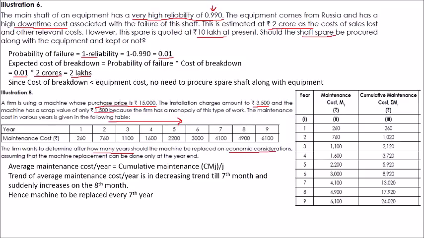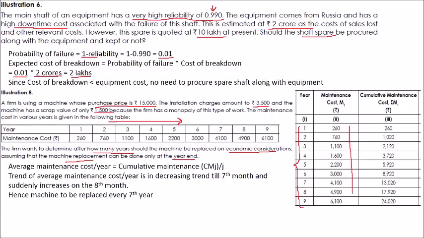The machine replacement will be done at the year end only. The data given in the question is from year 1 to year 9. So I have taken year 1 to year 9 as my first column, and this is the maintenance cost, given in the question.